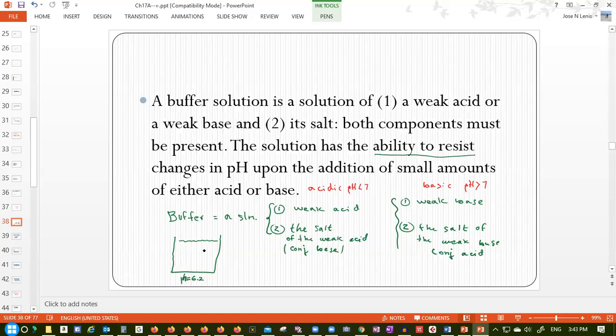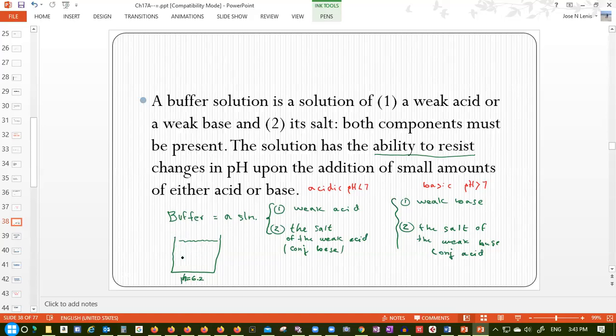And you need to make this buffer pH 6.2. And that solution must have the ability to resist the change of pH if some acid comes in contact with the solution or some base comes in contact.